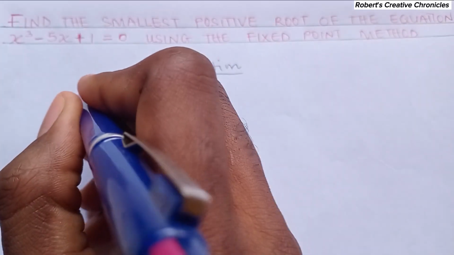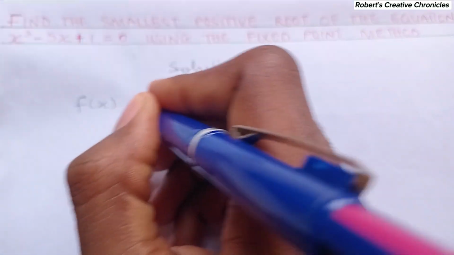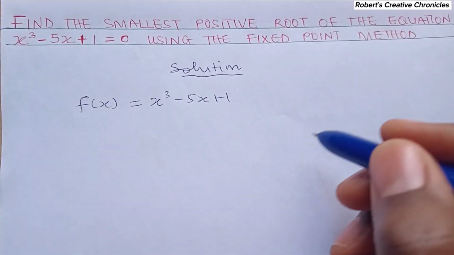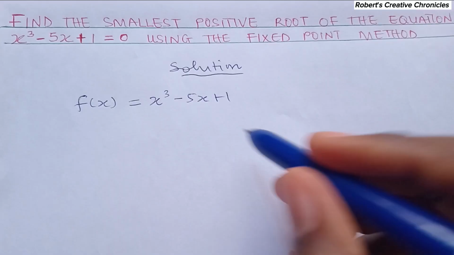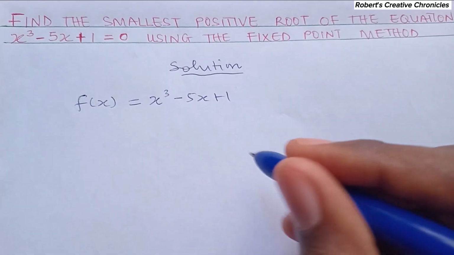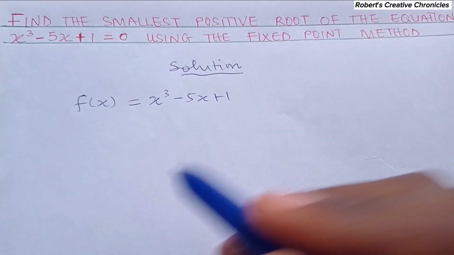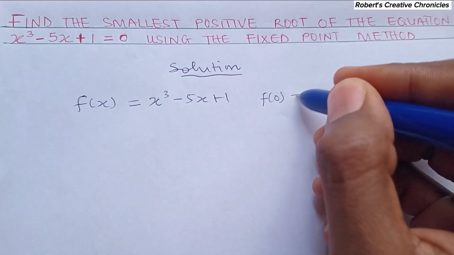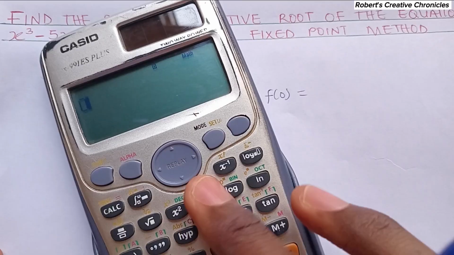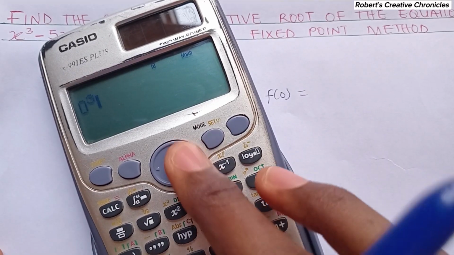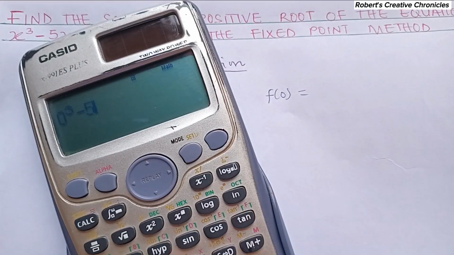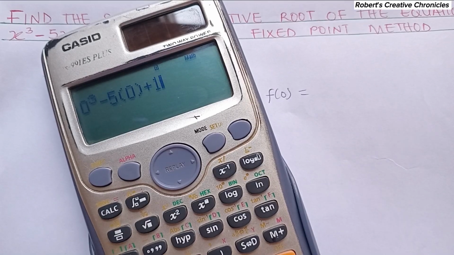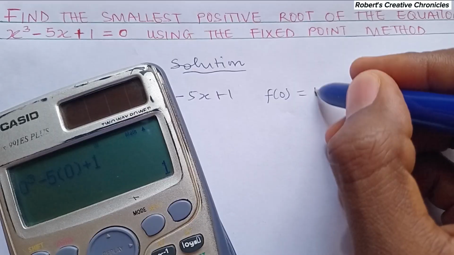So now we'll say f of x is equal to this function, x cubed minus 5x plus 1. We're going to substitute numbers into this function to find the interval. First we'll substitute 0, so f of 0 is equal to 0 cubed minus 5 times 0 plus 1, which equals 1.